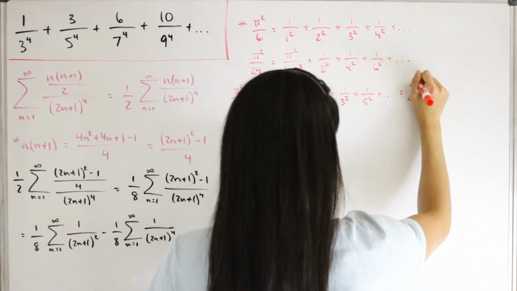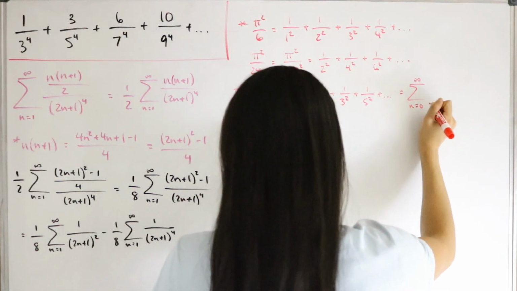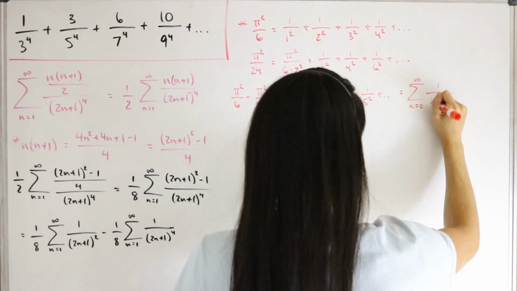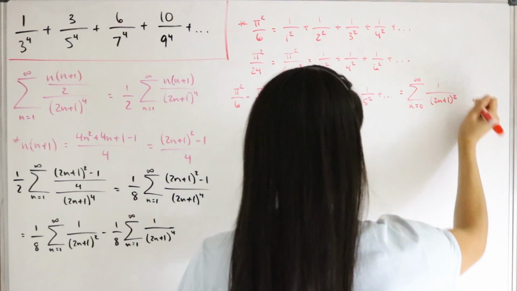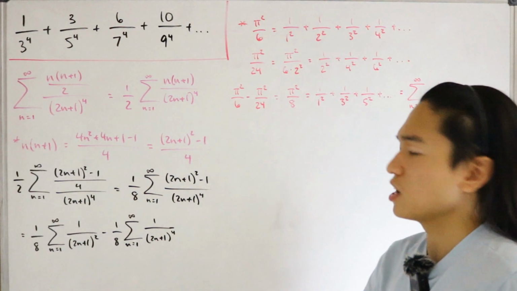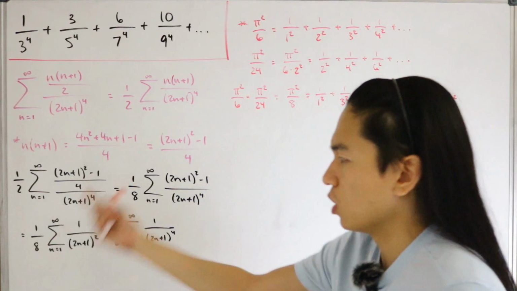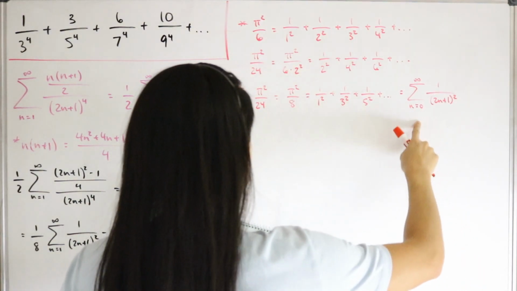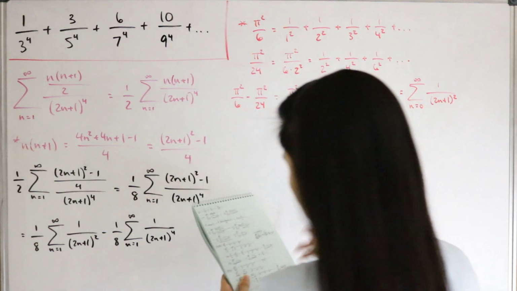In terms of the series expansion, that's written as the infinite sum starting with n equal to 0 of 1 divided by (2n plus 1) quantity squared. That's pretty similar to what we have over here, except that we have n equal to 1. We just need to put the n equals 0 term back in and then take that subtraction.